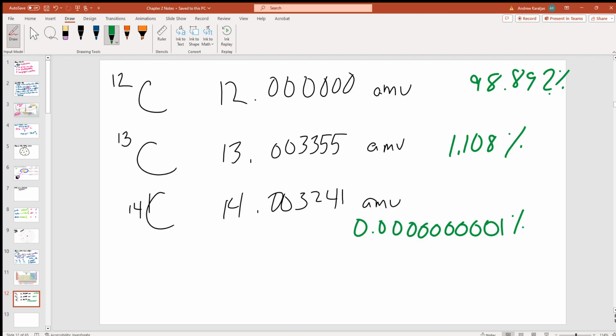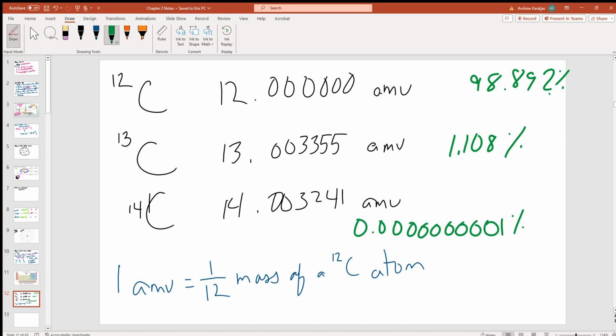So before we talk about what we're going to use these numbers for, we should define an AMU. So one AMU is actually based on the mass of carbon. It's 1/12 the mass of a C-12 atom.